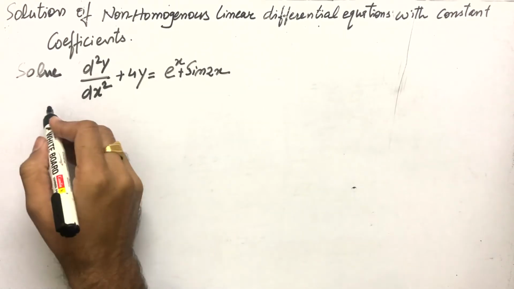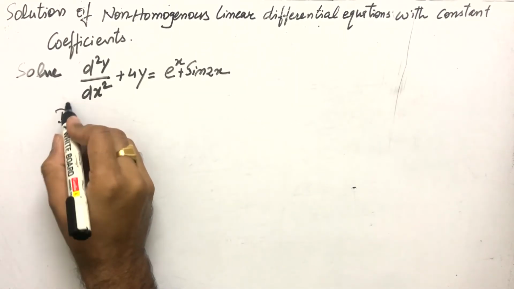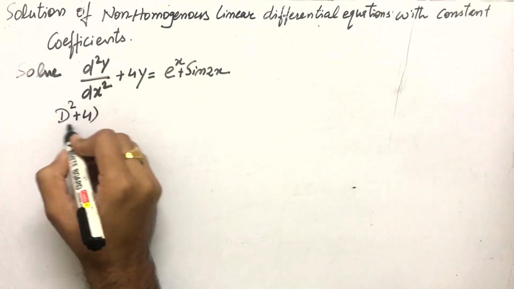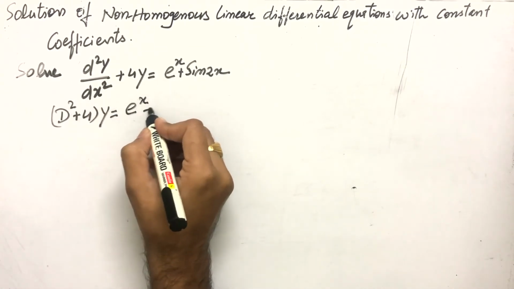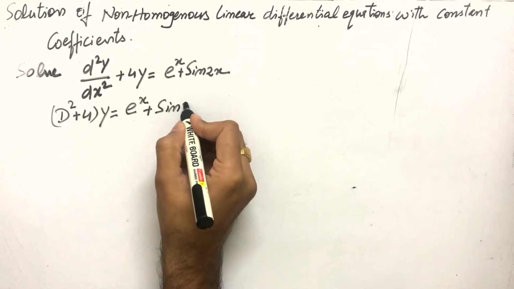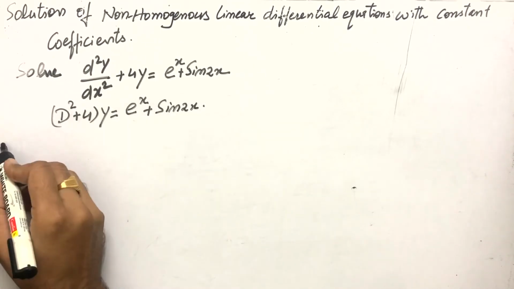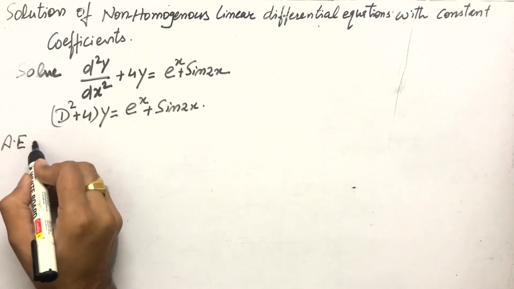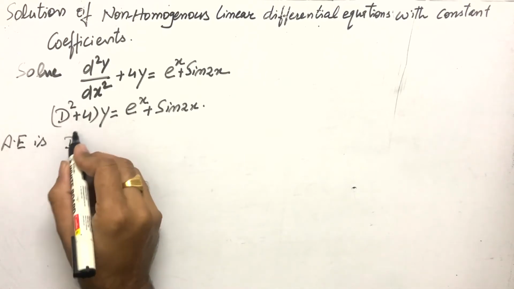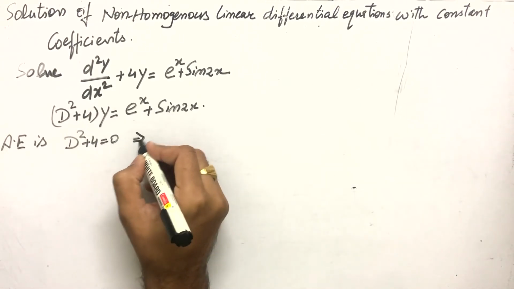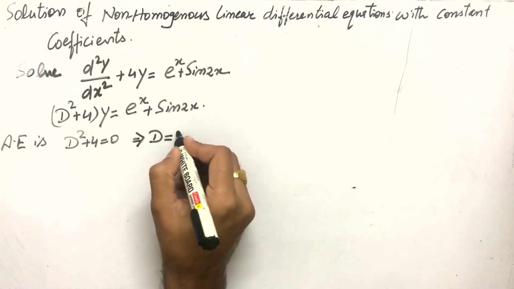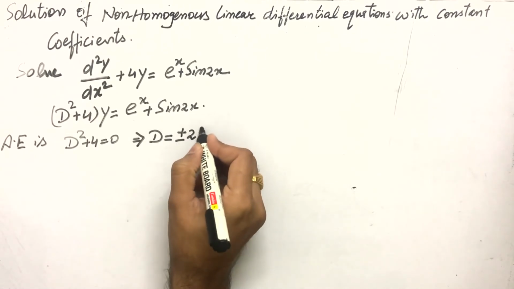So very easily we can write it as D squared plus 4 times y is equal to e power x plus sine 2x. So here the auxiliary equation is D squared plus 4 is equal to 0, which implies D is equal to plus minus 2 iota.